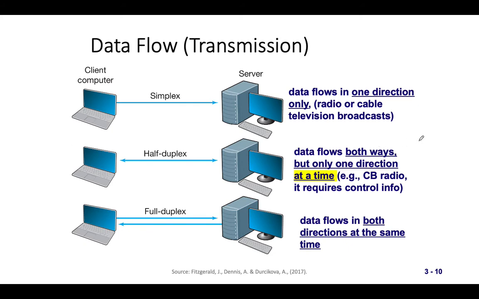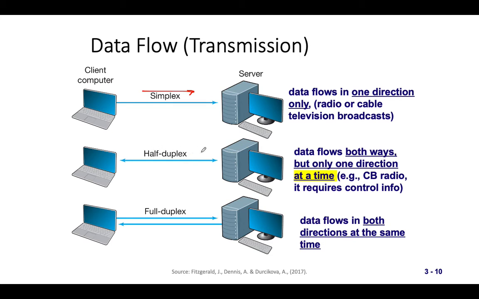When data transfers between two devices, you have the data flow, or the data transmission. In short and in a very easy way, the data can be transmitted in one way, and we call that simplex or simple. Half duplex can go either way but one at a time.